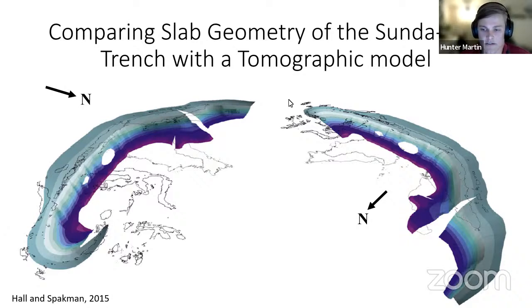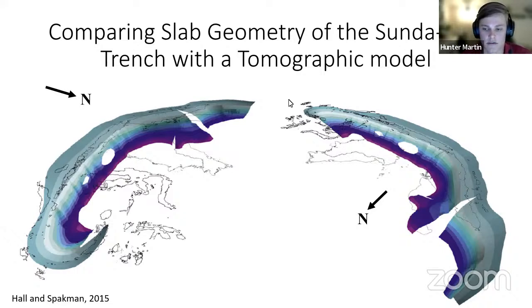Beneath East Java, the gap that was observed in the seismicity cross sections is visible in the model from approximately 250 to 500 kilometers depth. The model here suggests that the zone of aseismic activity beneath East Java is actually a hole in the slab that has an along strike length of about 400 kilometers.